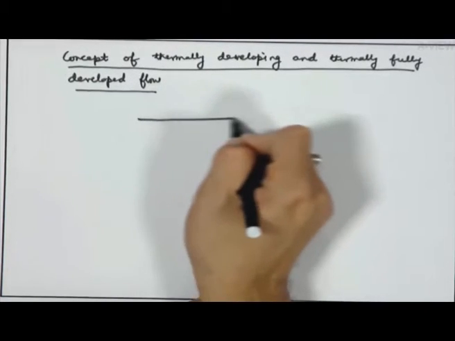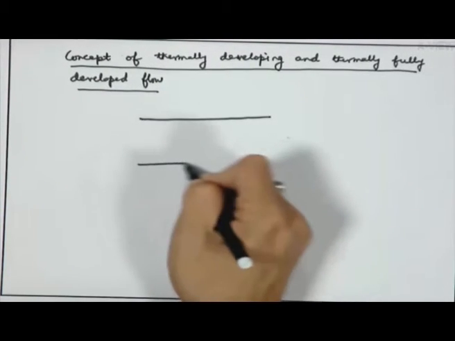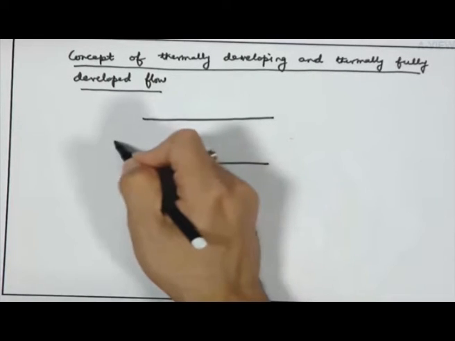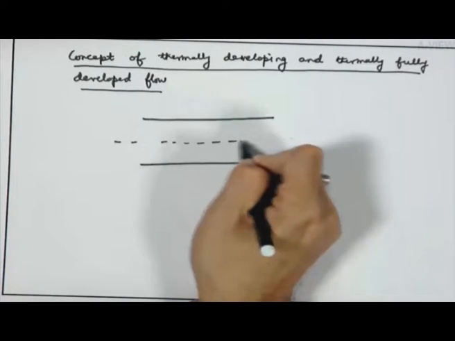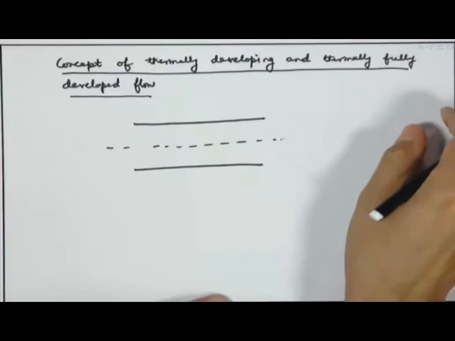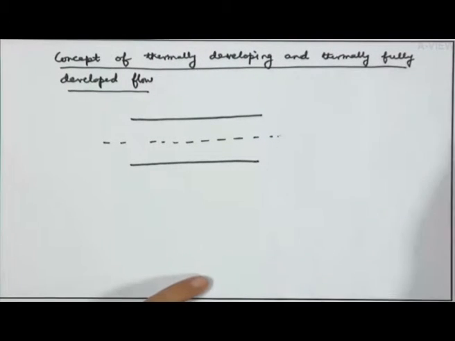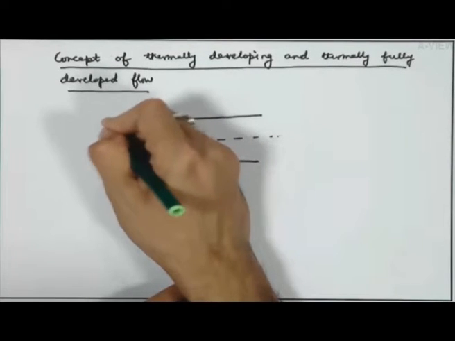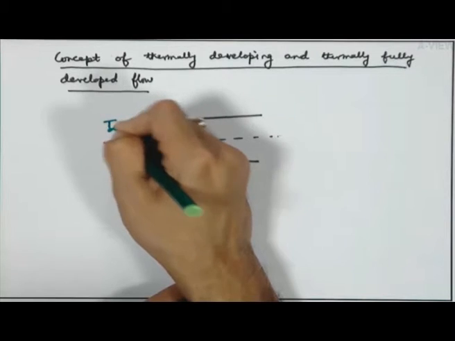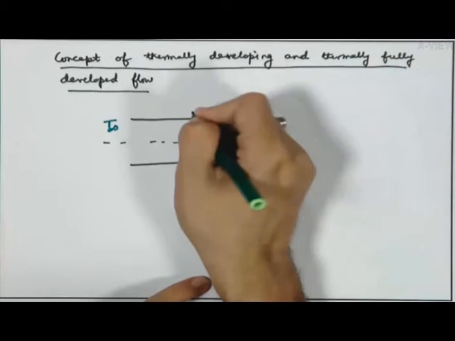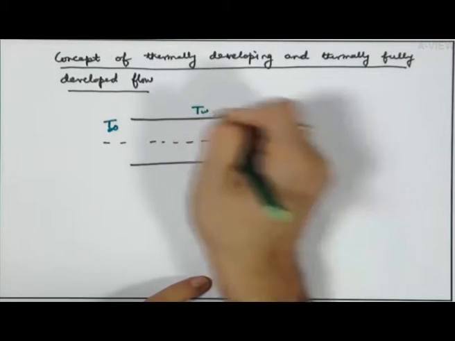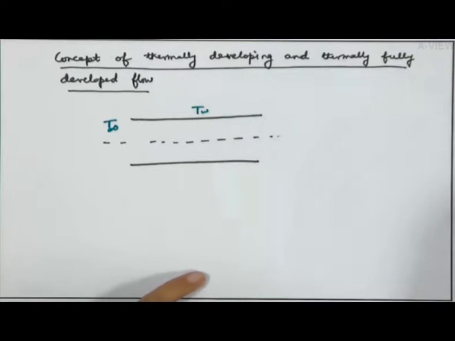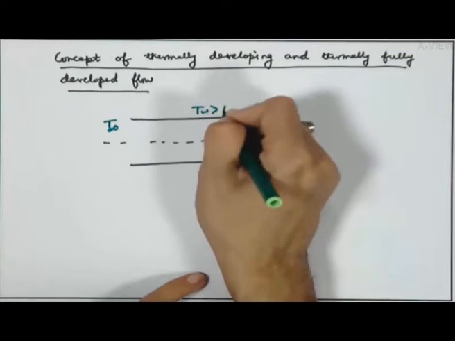Let us again say that there is a channel made of two parallel plates. It is the simplest channel to conceptually understand the physics of the problem. Let us say that the free stream temperature is T infinity and the wall temperature is T wall, which is greater than T infinity.